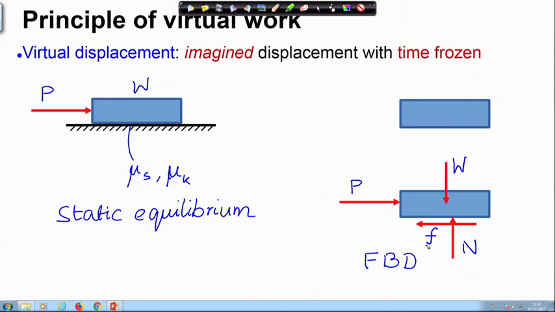So, what do I mean by virtual displacement? Now, here I assume a virtual displacement delta x.